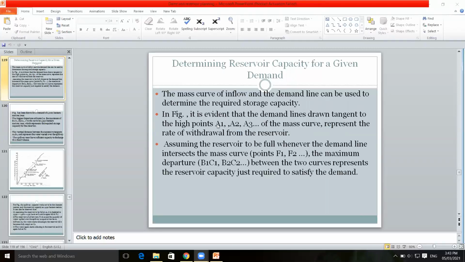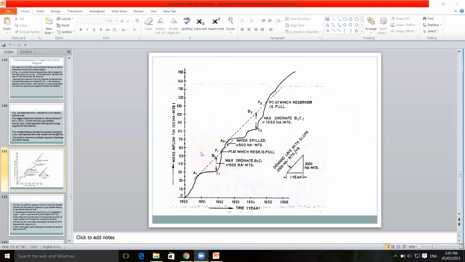The mass curve represents the rate of withdrawal from a reservoir. So in this image, this is the curve. The tangent is drawn here at A1, A2, next at A3. The dotted line shows the tangent line.